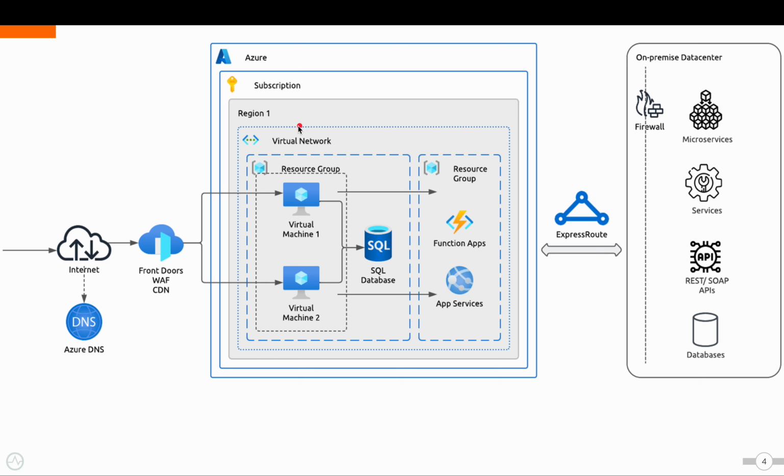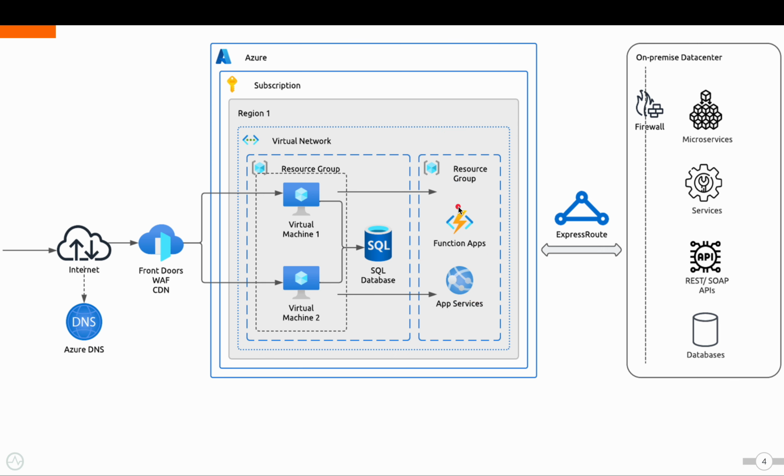So here you will definitely start with a virtual network, and then you will have multiple resource groups to group your different resources. So in my Azure subscription or in my cloud deployment, I may have different backend services developed using various Azure features like function apps and app services, which provide REST, SOAP kind of backend services.